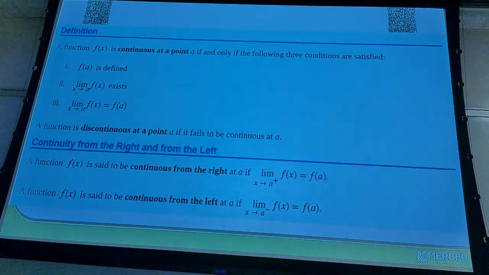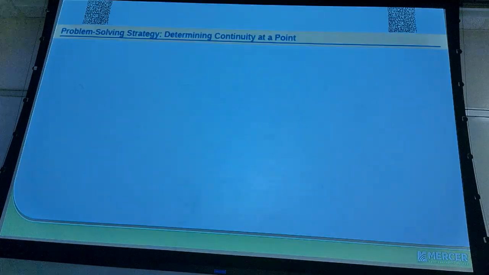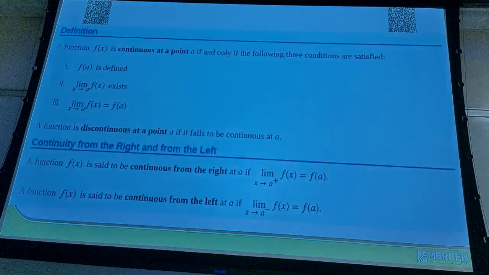It's not on here, but if a function is continuous at every point in an interval, then we say it's continuous over the entire interval. Determining continuity of points should be pretty self-explanatory. You just have to make sure all three of those conditions are satisfied.